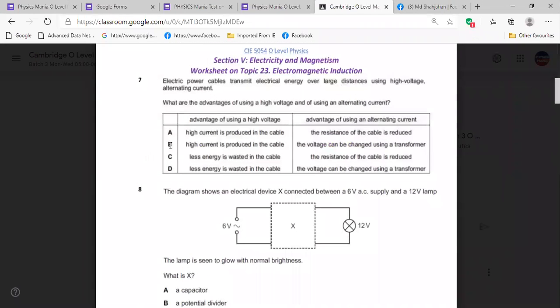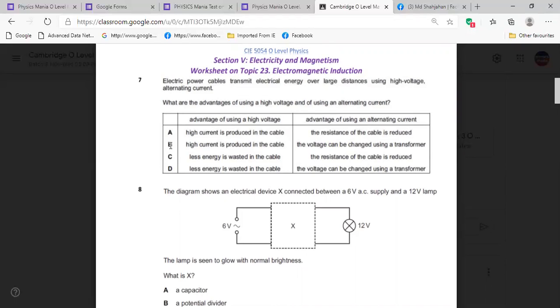So this one is related to the idea that we are using high voltage in the grid lines, right? Yes. And using alternating current, what are the benefits? For using high voltage, what is the benefit? It's written in your notes.